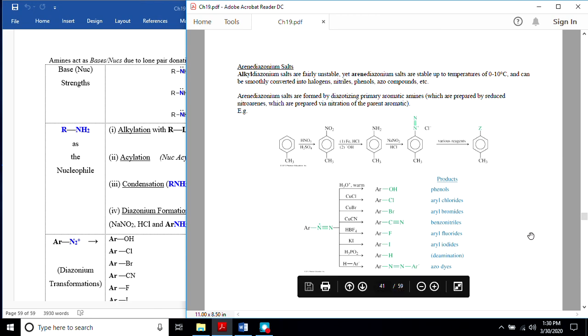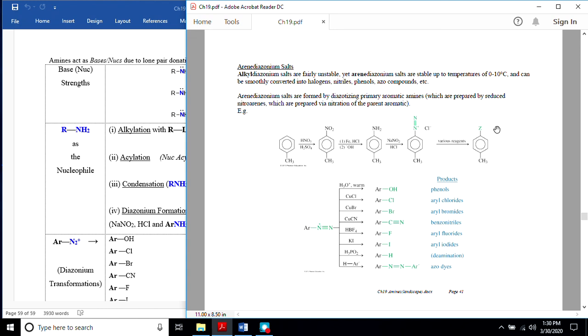And the diazonium, if reacted with a variety of other reagents, can then give you an appropriately substituted product. And notice this is now an alternative way of getting substituents onto an aromatic ring. You might say, well, I already know how to do that for some of these, and the answer is yes, this is just a complementary way of doing that.